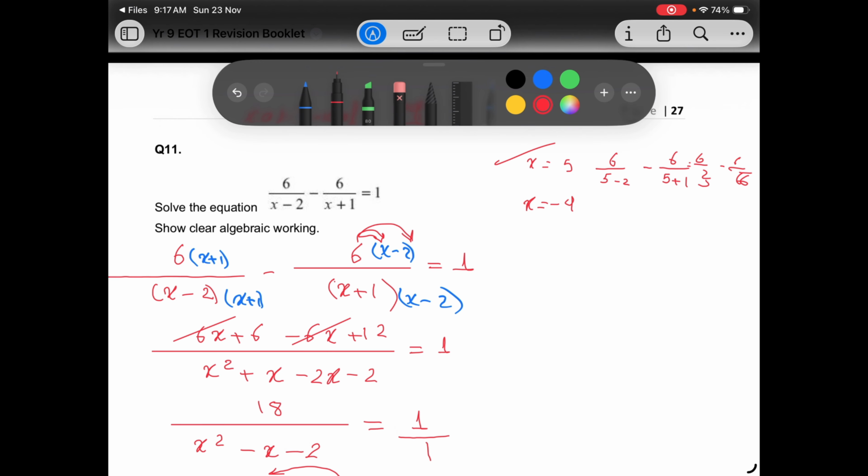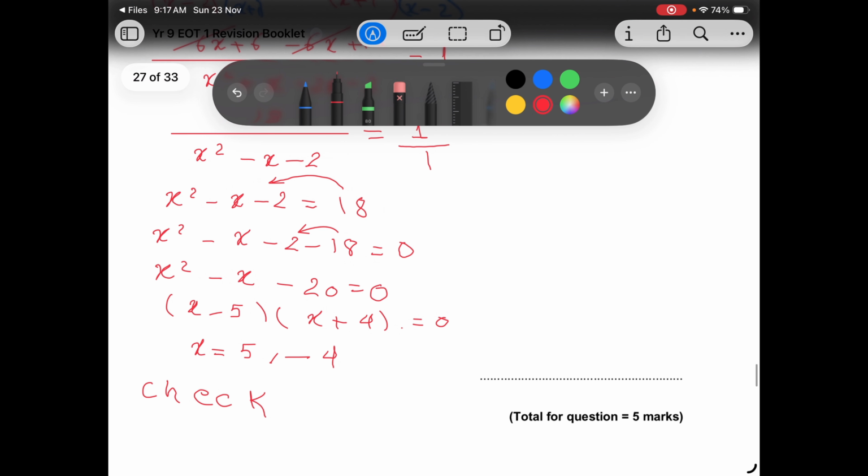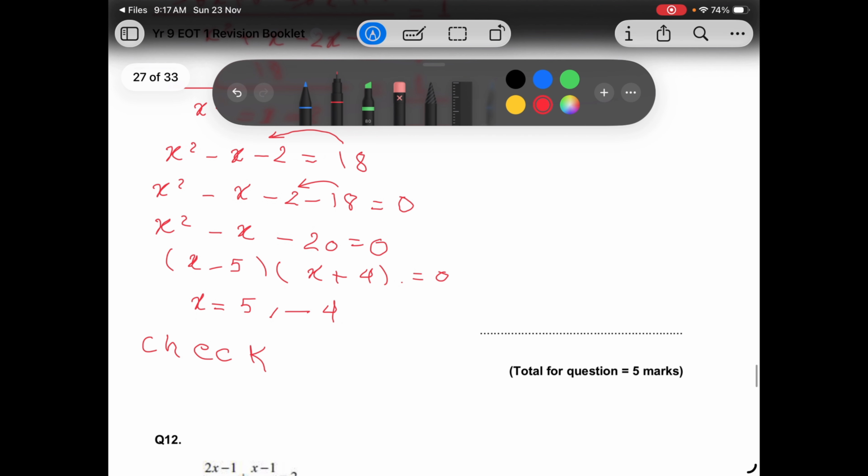Please guys, you can do that by calculator. It will be super easy for you. So we will find out, yes, that these two will satisfy the equation.